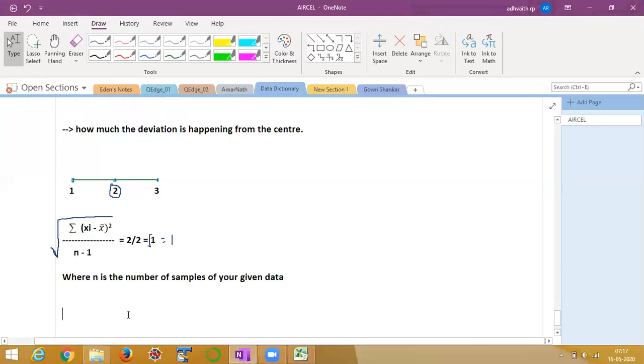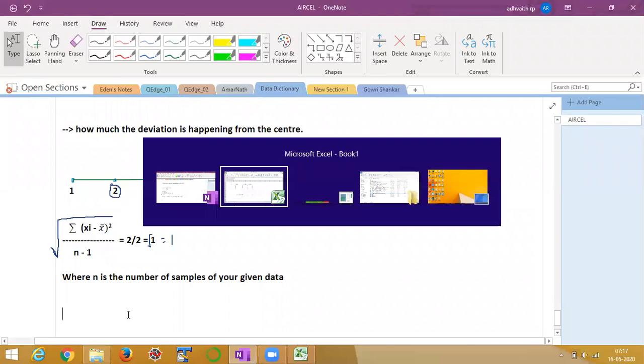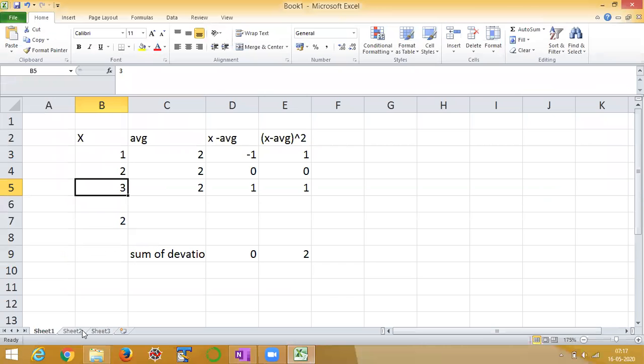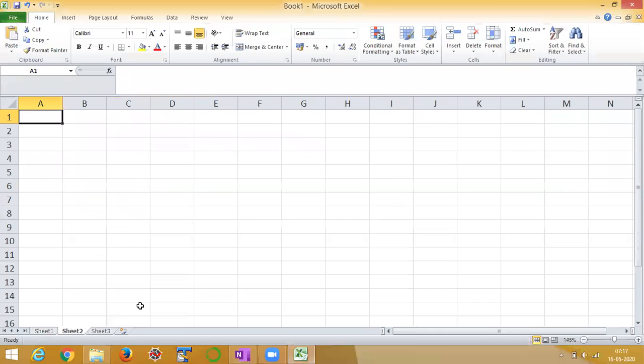Clear? Let's take another example. In our daily routine life, where do we use this? Let's say your friend purchases a new bike. The most priority information you ask about is how much mileage it gives.